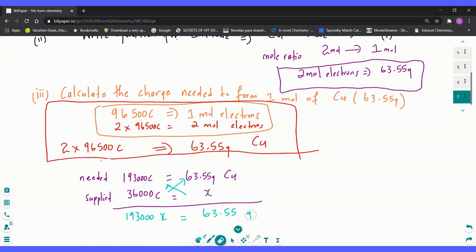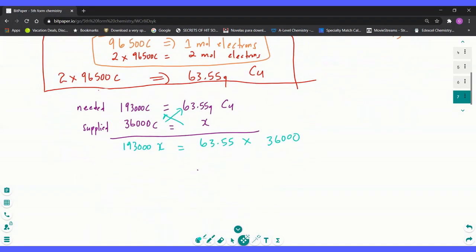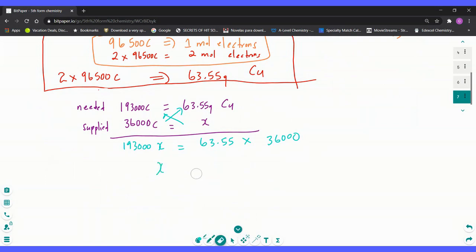I don't have to write the units right here, I'm just writing the numbers. So in order to find my X, X would be equal to 63.55 times the 36,000 divided by the 193,000.